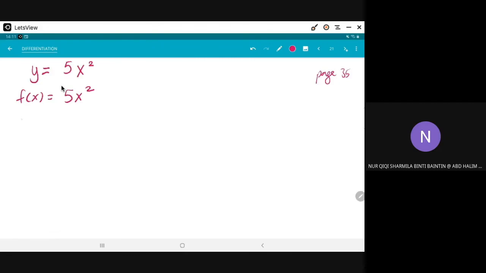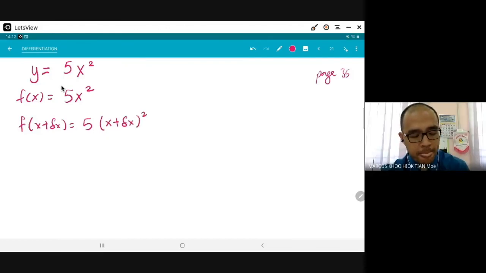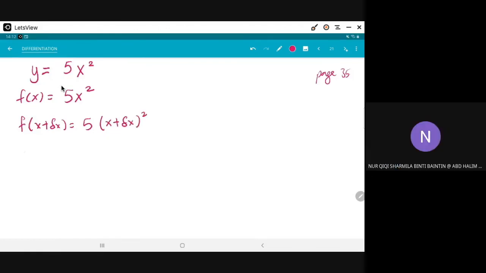Okay, lepas saya tukar pergi, so boleh tukar ke x to x plus del x and then 5 (x plus del x) square. Okay, very good. And then kasih kembang.